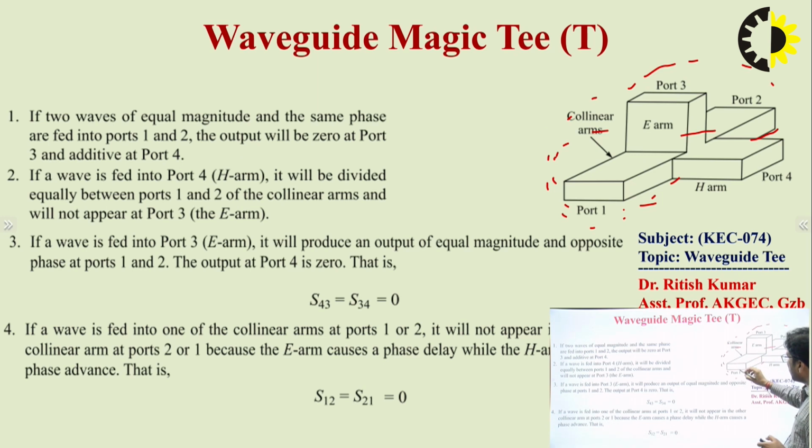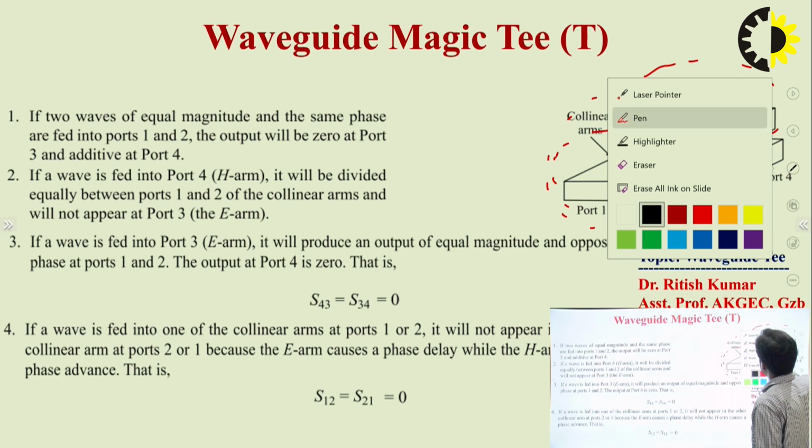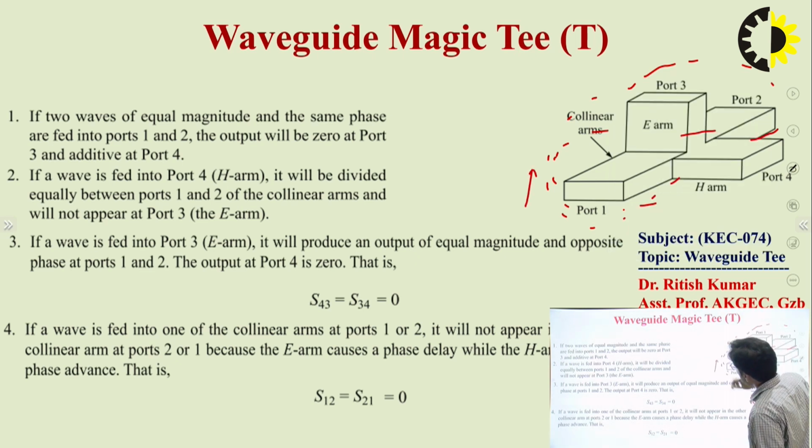Suppose you give the power at port number 1 and port number 2 simultaneously, and the field orientation in port number 1 is towards the positive direction in both port number 2 and port number 1 as well.